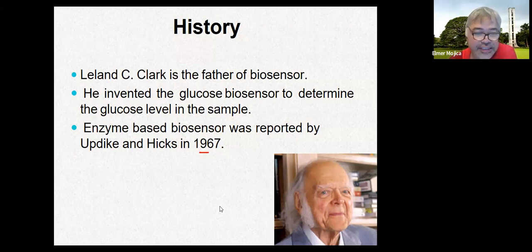In 1973, the glucose enzyme electrode based on the detection of hydrogen peroxide was developed. In 1975, the first commercial biosensor, a YSI analyzer, was implemented. In 1976, the year I was born, you have the first bedside artificial pancreas. Those are the milestones of the glucose biosensor.